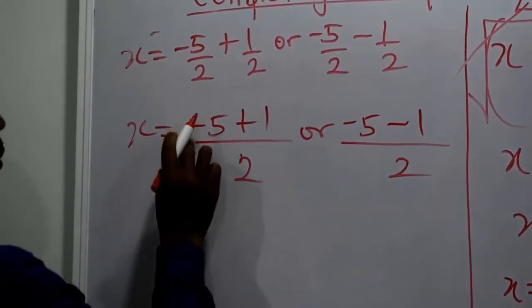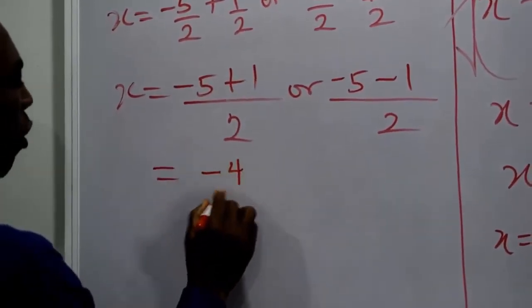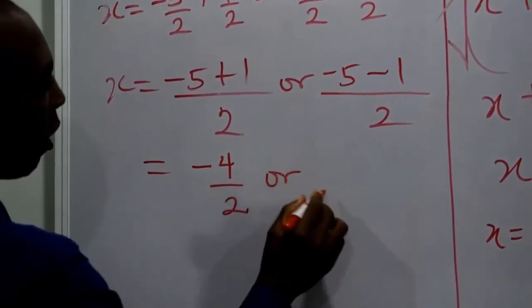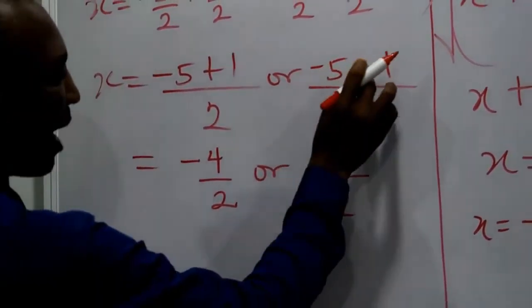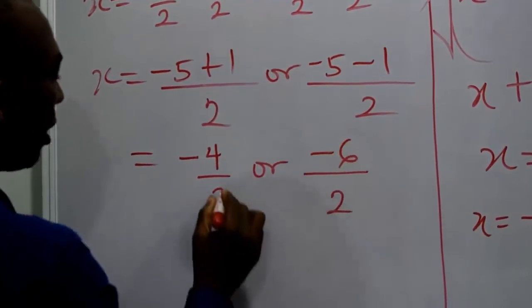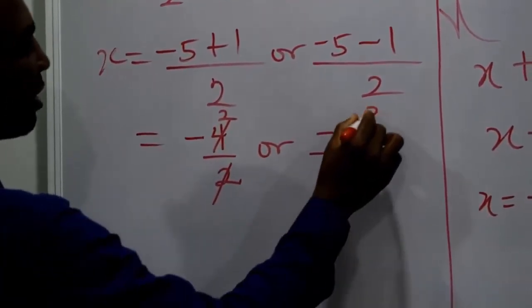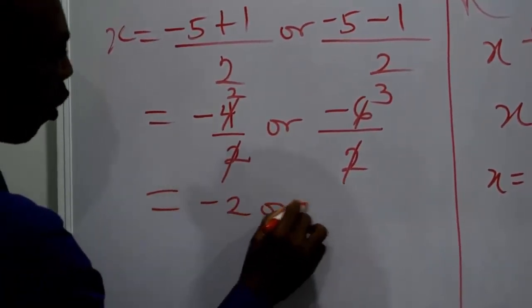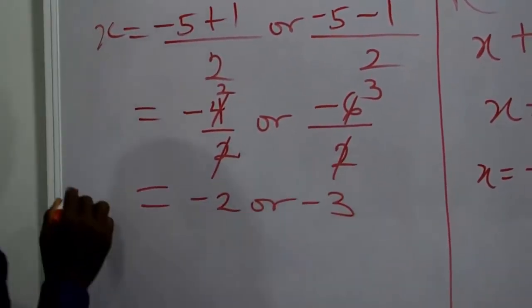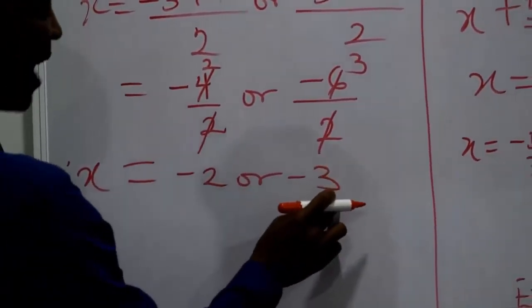Then minus 5 plus 1 is minus 4 over 2, or minus 5 minus 1 is minus 6 over 2. How many 2 can we see in 4? That is 2. How many 2 can we see in 6? That is 3. Then your answer is minus 2 or minus 3. Therefore x is equal to minus 2 or minus 3.